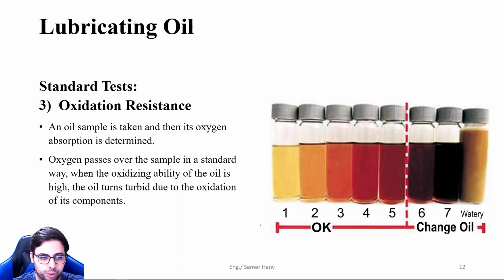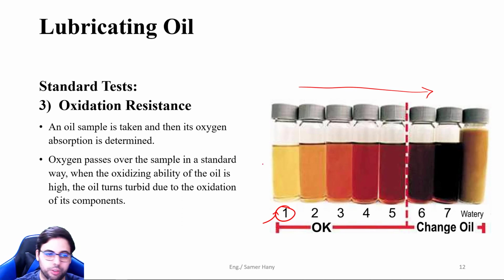So typically we would start at this grade. This is the new oil, unused, still not oxidized yet. And then as operation goes and time goes by, oxidation starts to happen, and liquid droplets go into the oil and make it a little more darker, little by little, until we go into this very dark oil in this region.